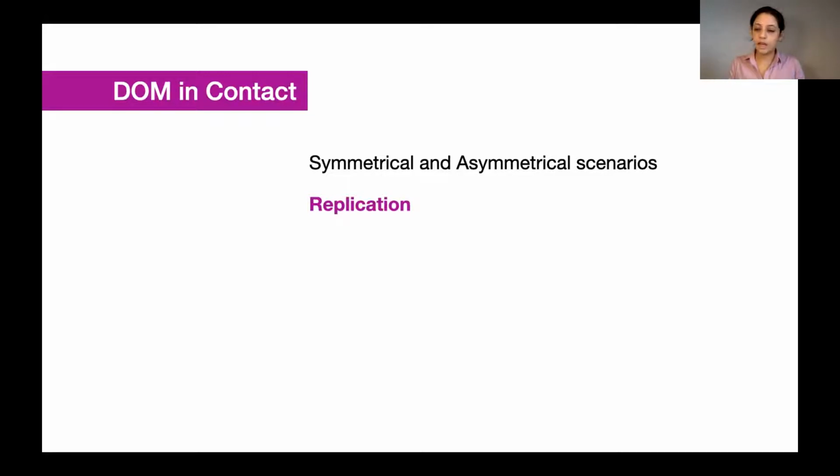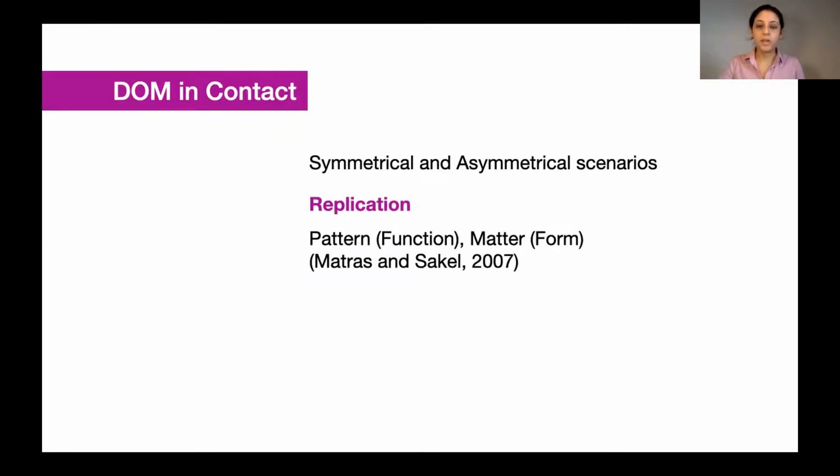So in this issue, they talk about replication in the sense of Matras and Sakel, who talk about grammatical borrowing as being the borrowing of pattern, the function of a certain linguistic item, and the borrowing of matter, which includes the form.